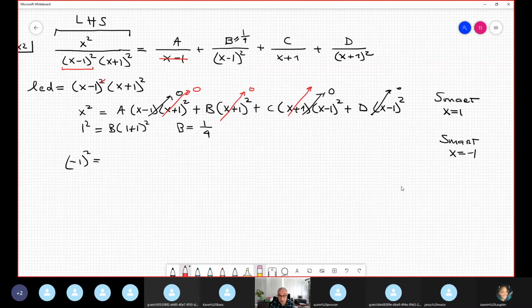That part again is 0, and only this stays alive, which is D times x minus 1 squared. Therefore, similarly, -1 squared is 1, and -1 and -1 together is -2, and -2 squared is +4. Therefore D is 1/4 again.